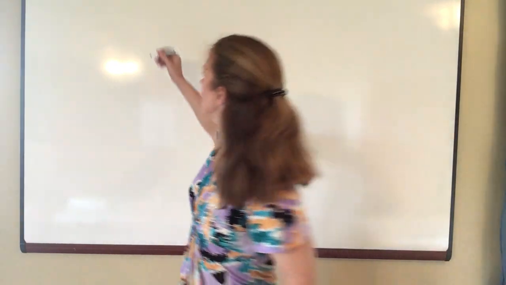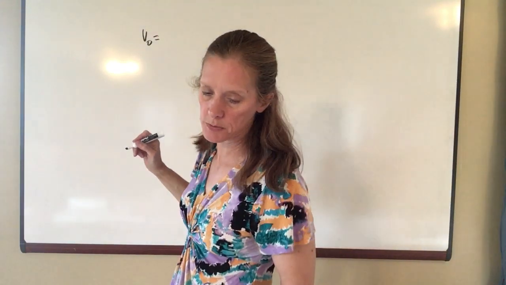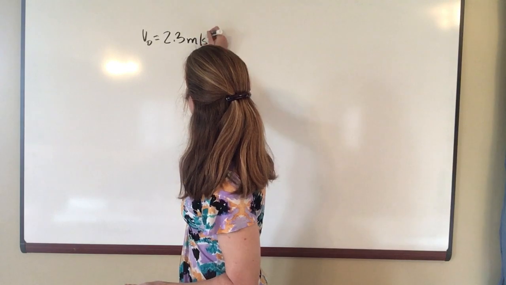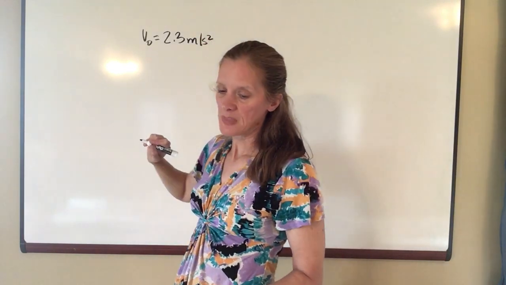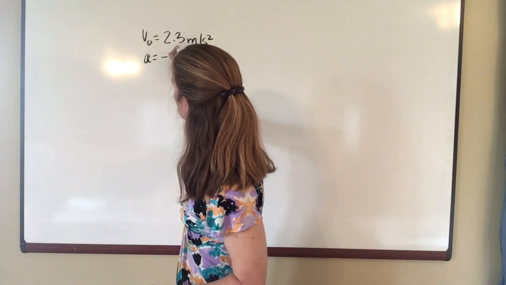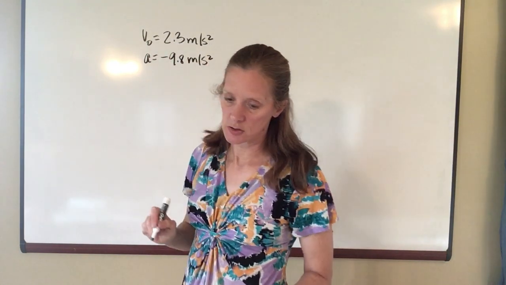What I want to do instead is pretend that the initial velocity is still the same as it was in the problem. So the initial velocity is going to be 2.3 meters per second. Let's say that obviously my acceleration is still going to be the same, negative 9.8 meters per second squared.